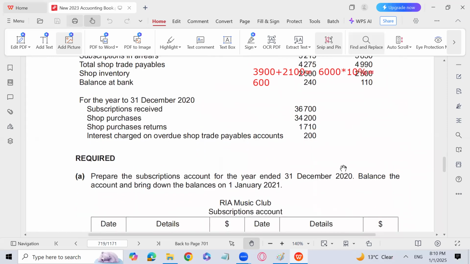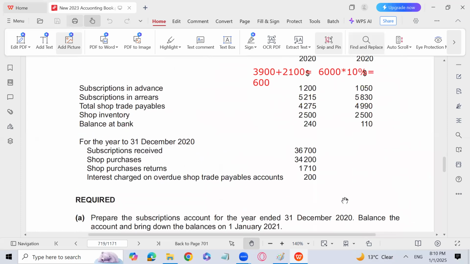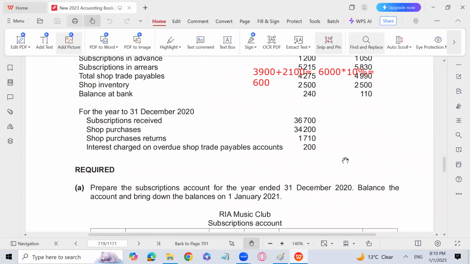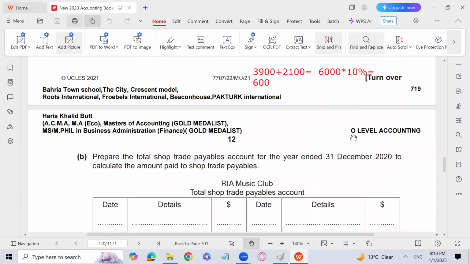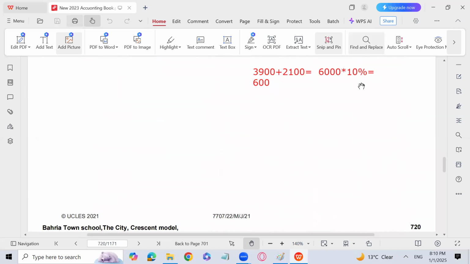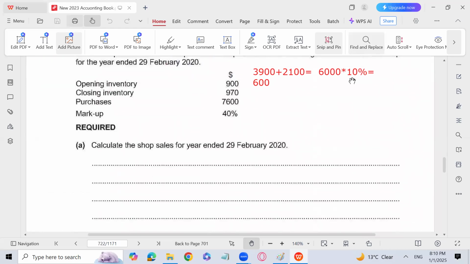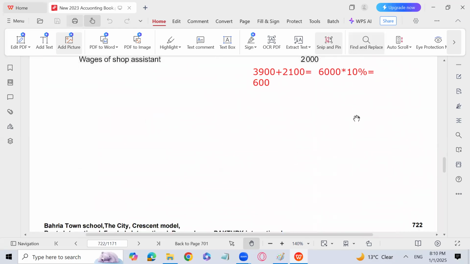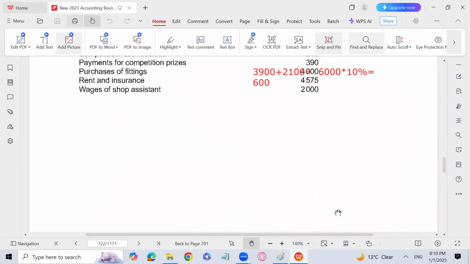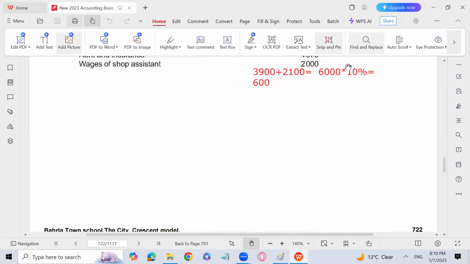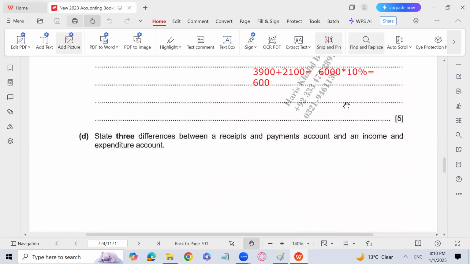Then this question, I will solve this question, inshallah, along with you. This question has come in May, June 21, 22. Okay. May, June 21, 22. Then you will solve this question. That is the receipts and payments account. Again, I will solve these two questions with you tomorrow, inshallah.